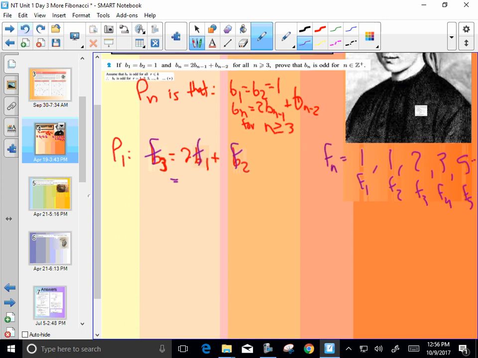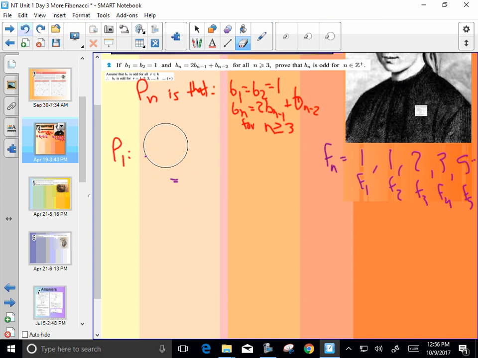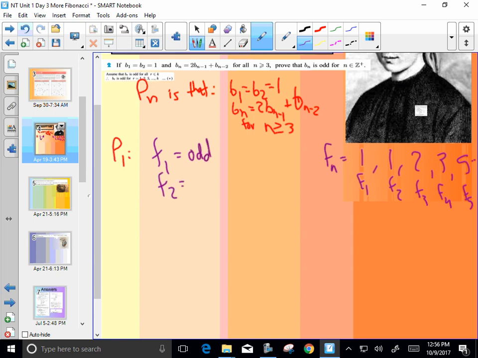So let's just do it easier here. Is B1 odd? Is f of 1 odd? Yeah, 1 is odd, so that's good. How about f of 2? That's going to be odd as well.